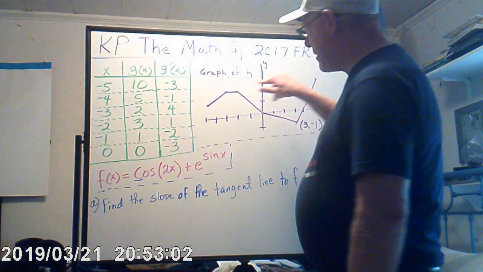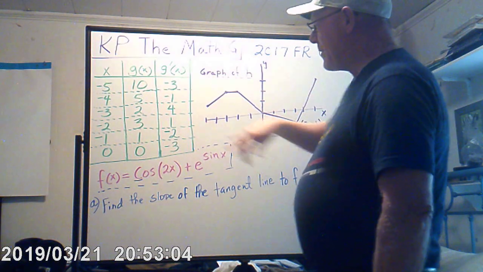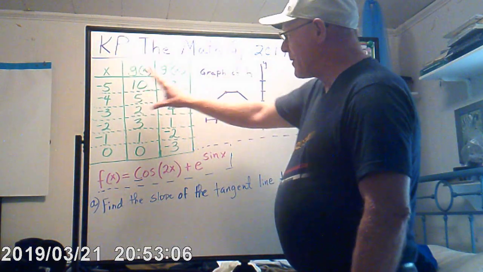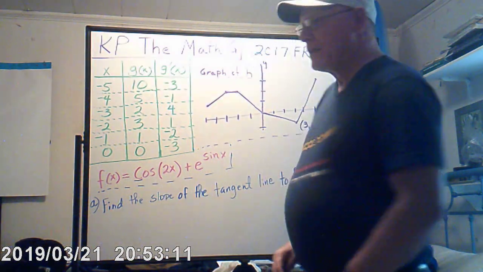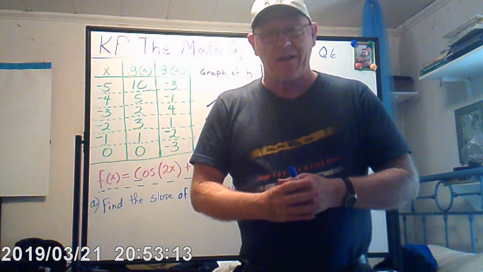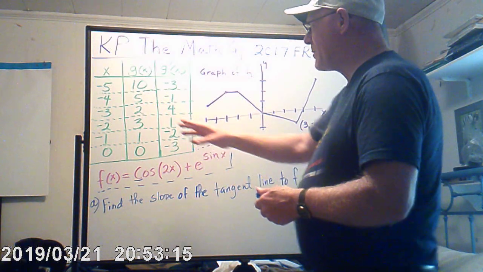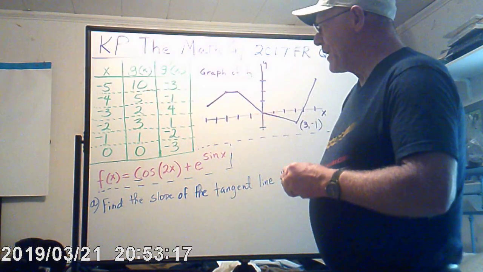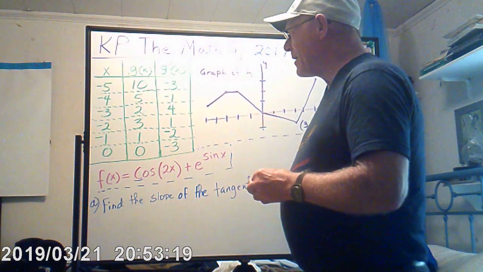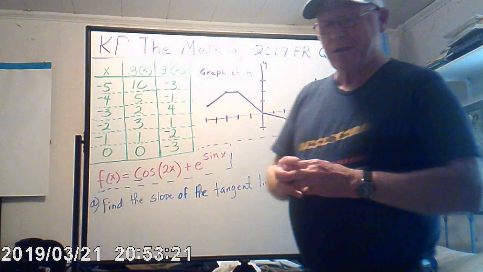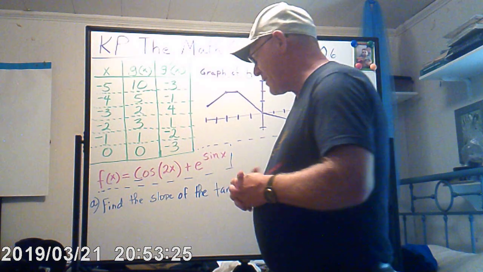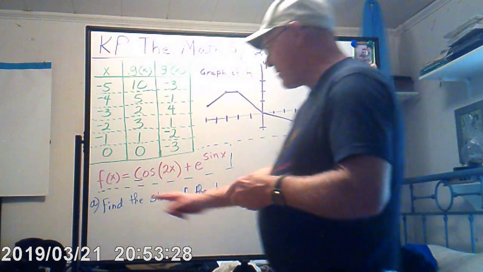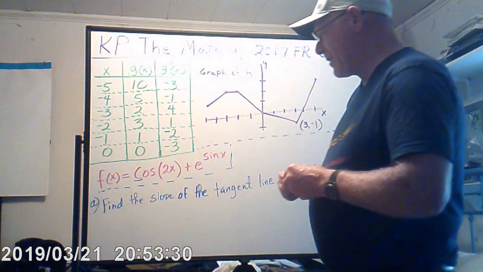This is a graph of h here. This is a table. Of course it's going to be differentiable. You can't do anything if it's not differentiable, but it's differentiable over G, and that means that G is continuous. If something's differentiable, it is continuous. That should be automatic. And then of course we have an equation, a function of f.